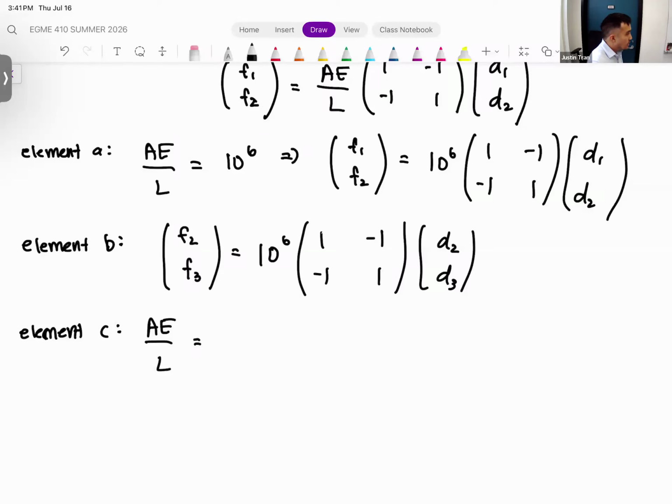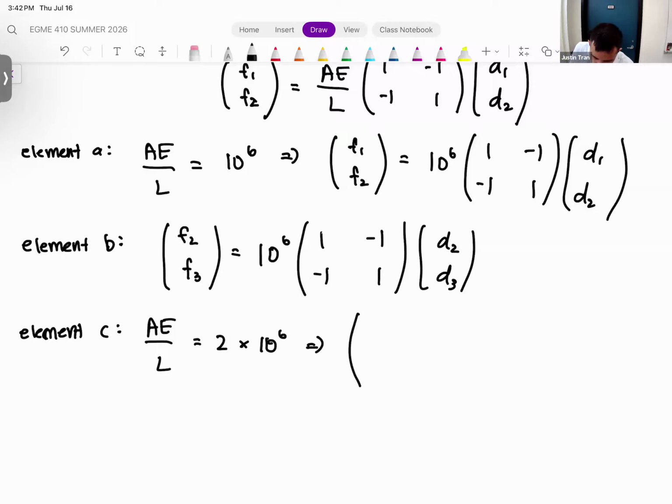Our Young's modulus is 15 times 10 to the 6. The length, thankfully, is the same, which is 30. So the area is 4 times as much, and the Young's modulus is only half. That means our AE over L for element C is going to be 2 times that of the previous one, so it'll be 2 times 10 to the 6th.